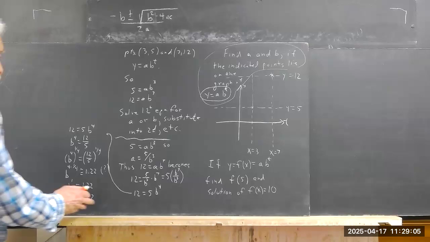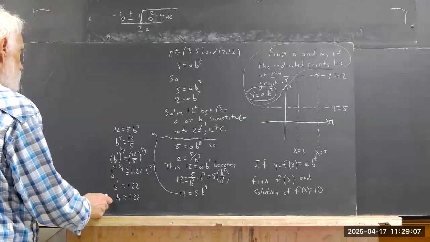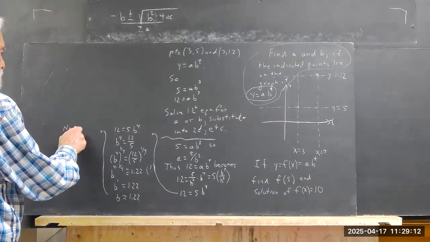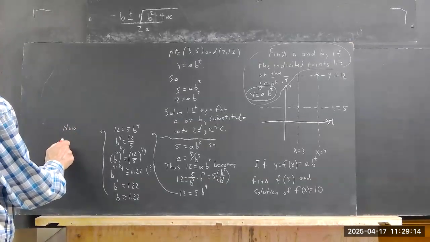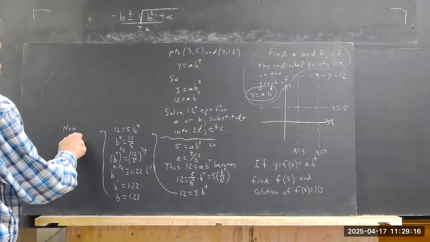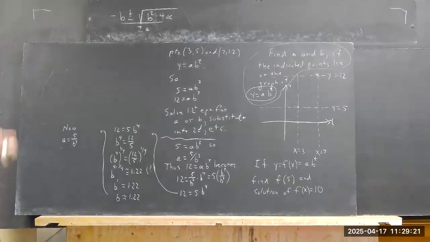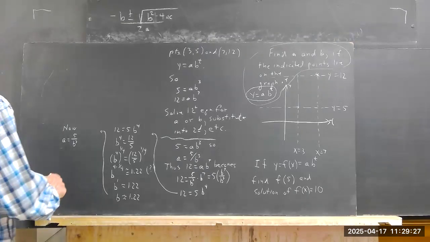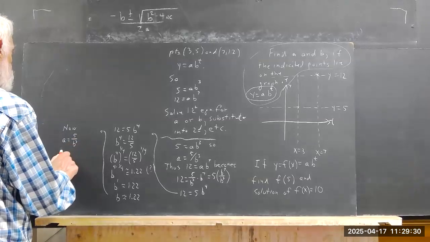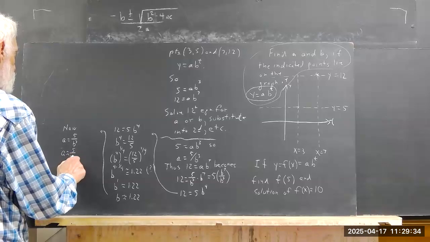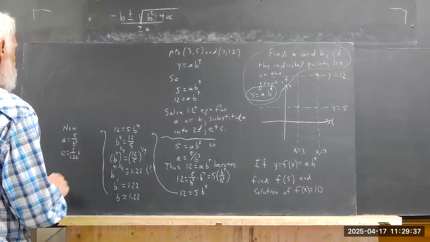Now, a equals 5 over b cubed, which is approximately 5 over 1.22 cubed.